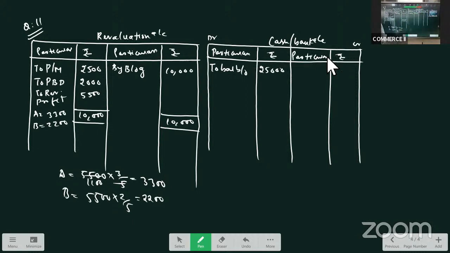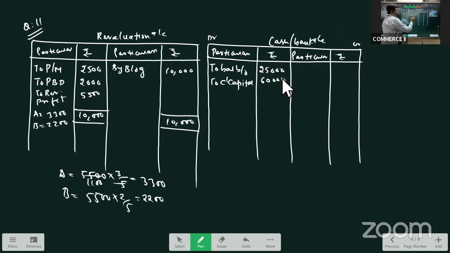Right? Then the new partner, C, introduces 60,000 as capital. So that will take to C's capital 60,000. And he did not introduce goodwill in cash. Whereas the goodwill of the firm is valued at 40,000, the new partner did not introduce it in cash.